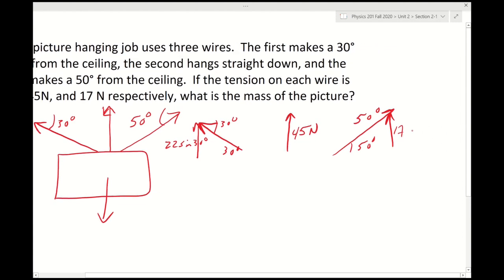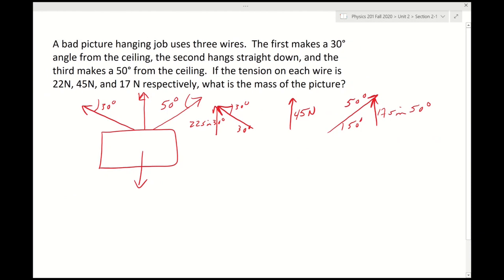The three of these forces added together will give us the magnitude of the force that is supporting the wire. So we have 22 sine of 30 degrees. Always make sure your calculator is in degree mode when you're using degrees.